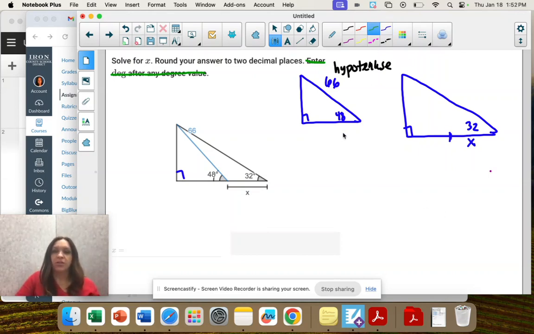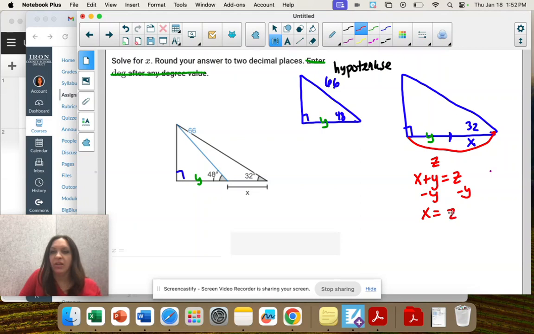If I call this y, this is also y, but we're going to have to solve for this whole thing. Let's call it z. So x plus y equals z, but if we just want x, we're going to find that whole length and subtract y.